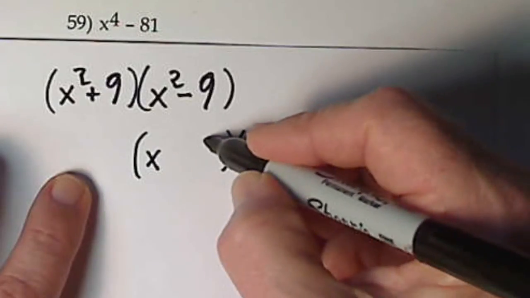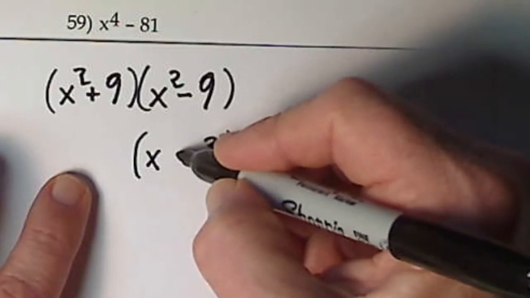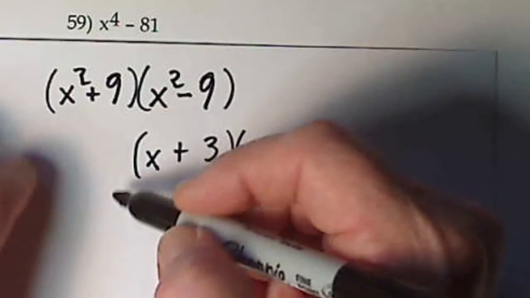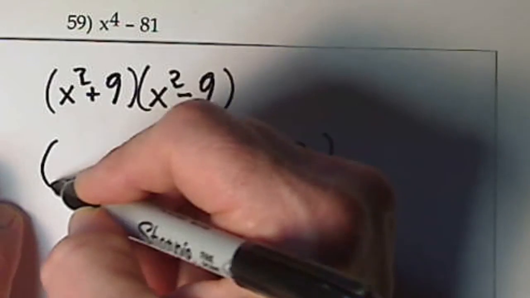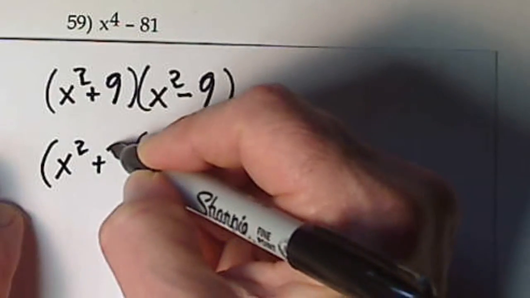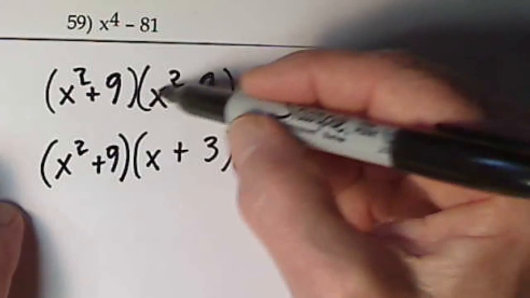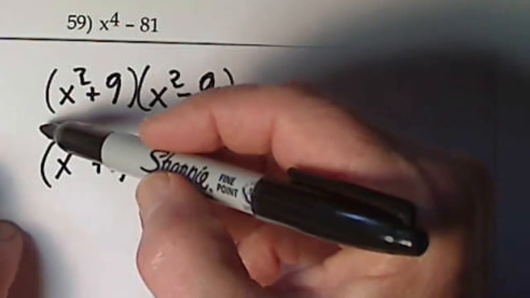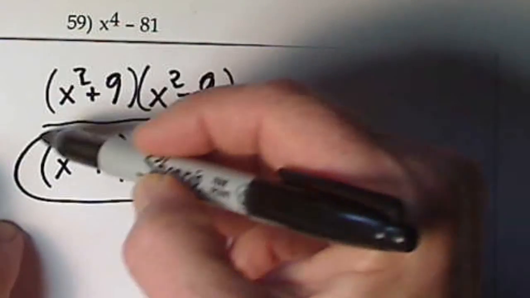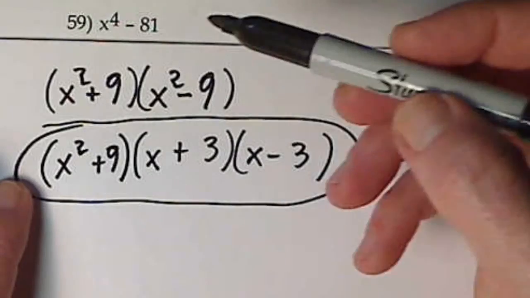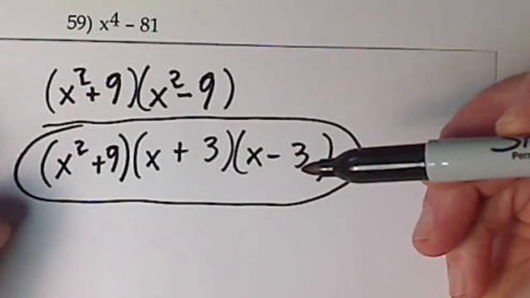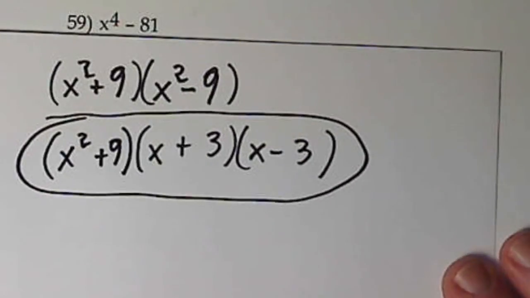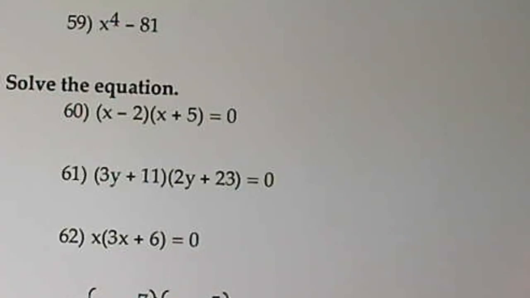The square root of 9 is 3. And you have to remember one's positive, one's negative. So this x squared plus 9 is going to be sitting in front, x squared plus 9, and then this can be broken up into these two. It turns out that this is the factored form of x to the fourth minus 81. Usually you can't keep going, but once in a while that happens. All right, so that's the 59. I think that'll take care of it.